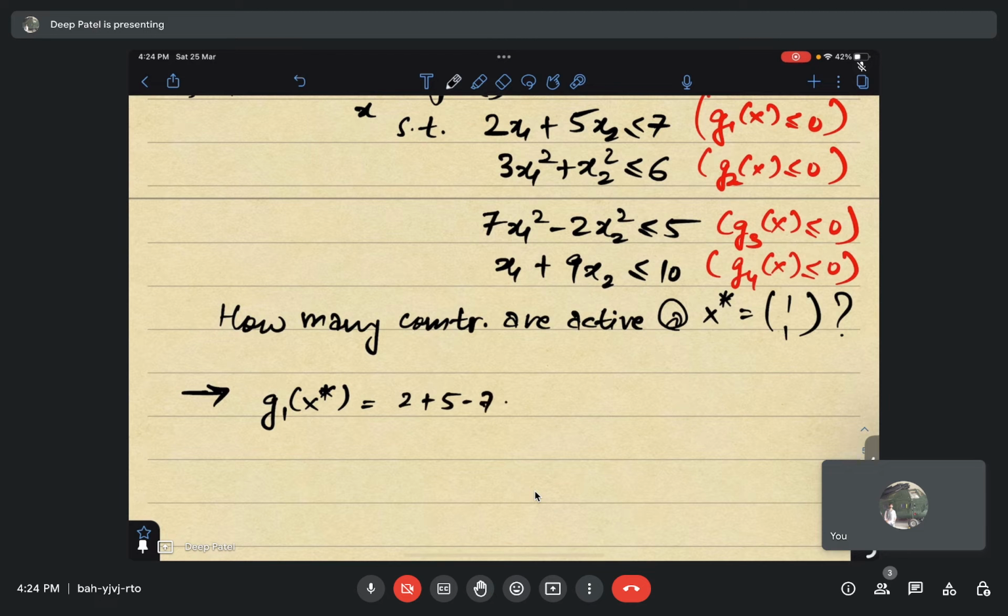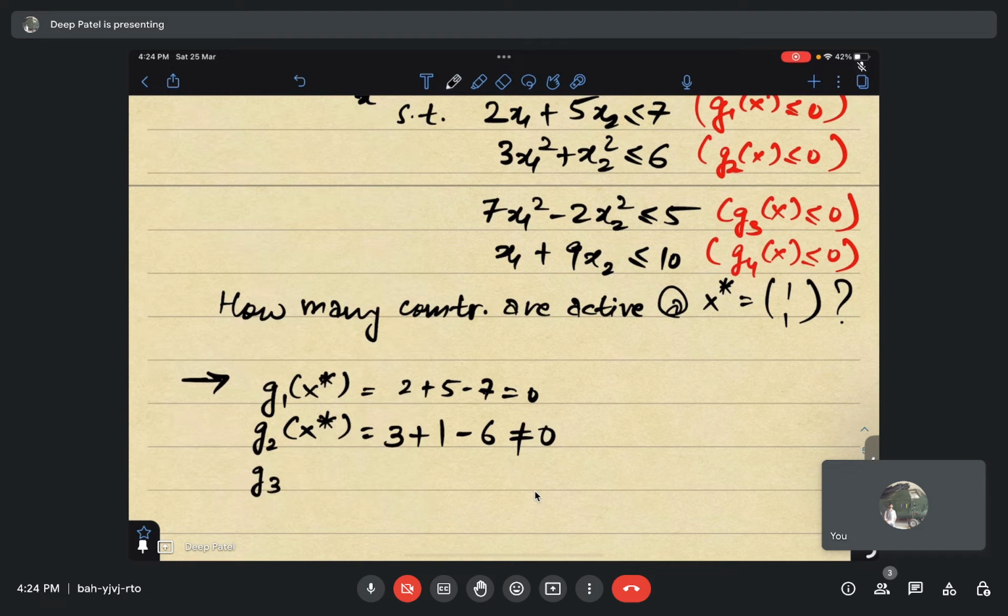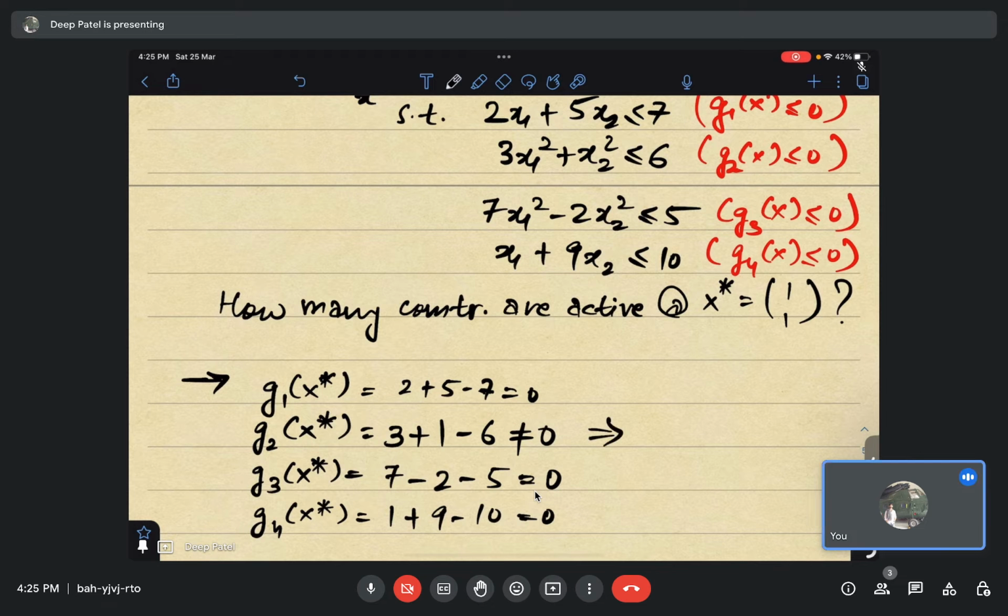It's 0. How about g2? That is less than 0. How about g3? That is 0. G4 is also 0. So there are 3 active constraints, right?